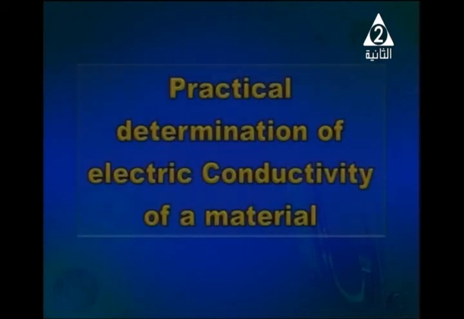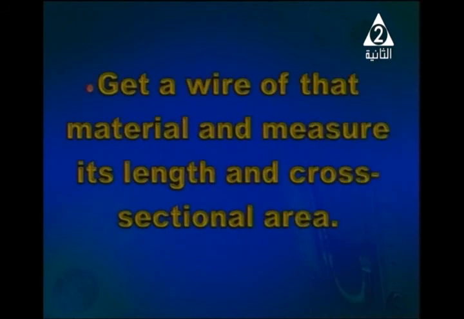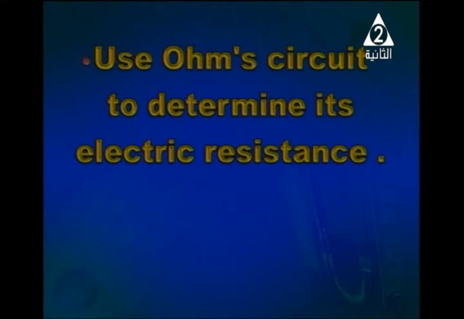And now, talking about the practical determination of the electric conductivity of a material. First of all, get a wire of that material and measure its length and its cross-sectional area. The second procedure is to use Ohm's circuit to determine the resistance.